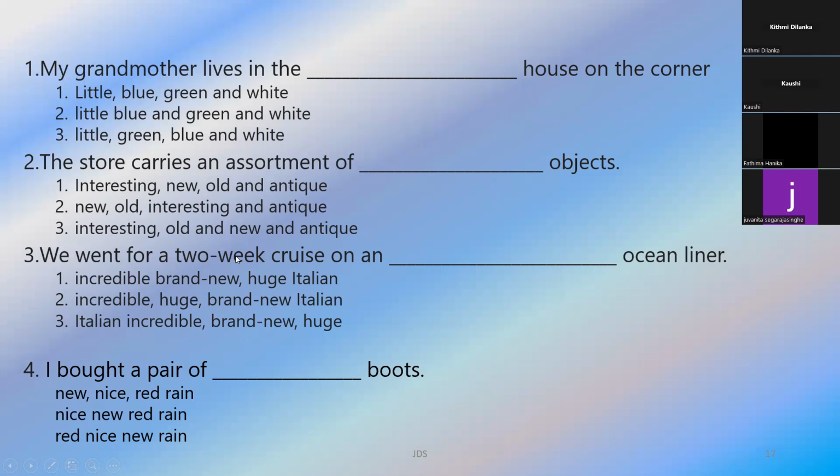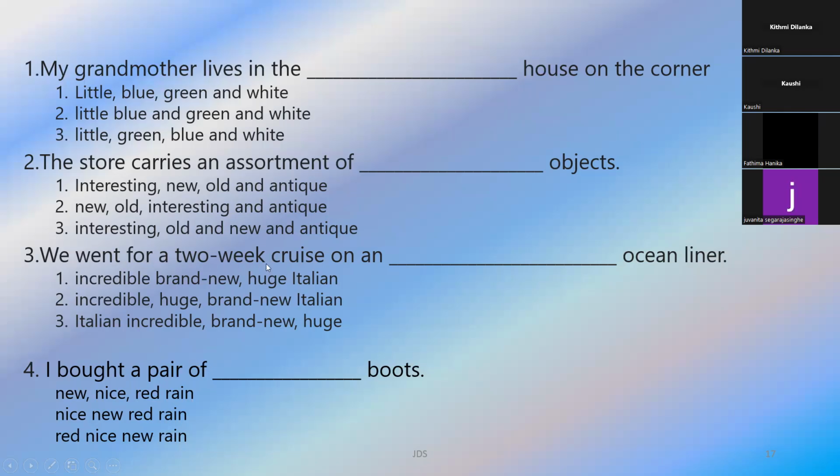Which one is going to be the correct answer? First one, interesting, new, old and antique objects, right? So you have the opinion, you have the age, new, old, and then the material, antique.